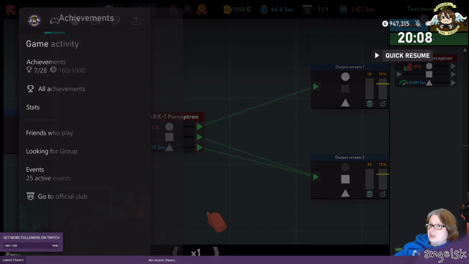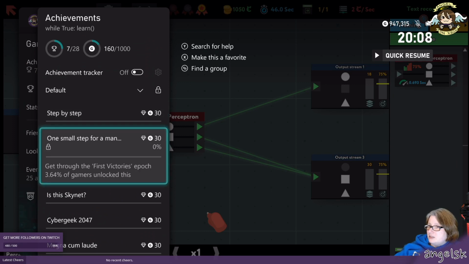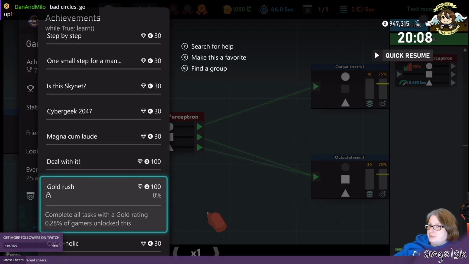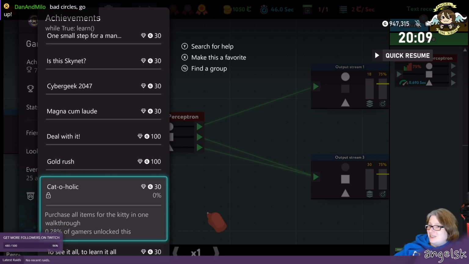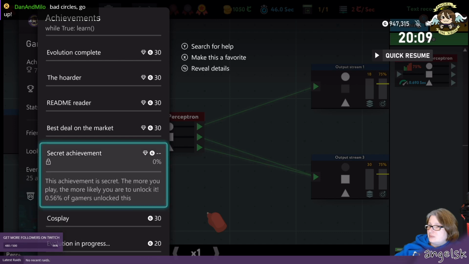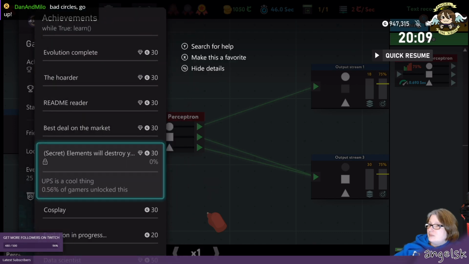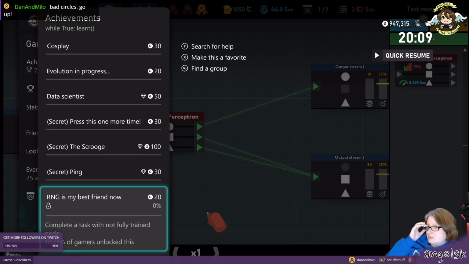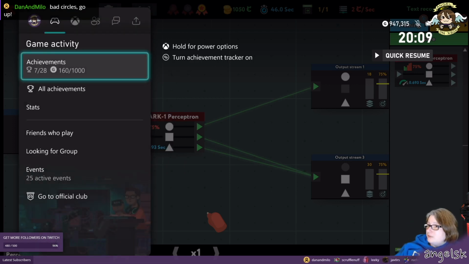Okay, let's have a look at the wording. Can we partially train it? So yeah, there's various epochs. Bad circles go up, I know, right? Complete a test with a not fully trained node.